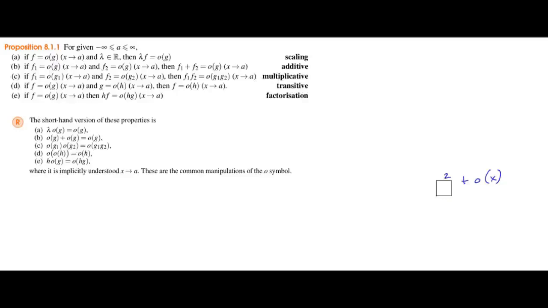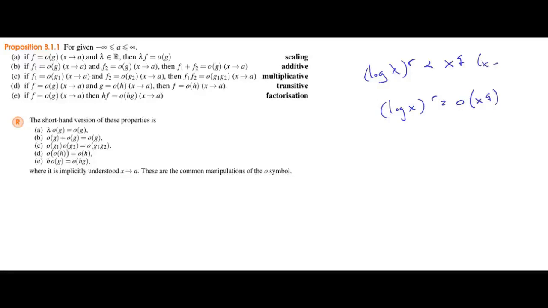Okay, let's see a last example. From the asymptotic equivalences and negligible relations that we had seen before, we know that the logarithm of x to the r is negligible in comparison with x to the q. Well, that means that the logarithm of x to the r is small o of x to the q when x goes to infinity, right?